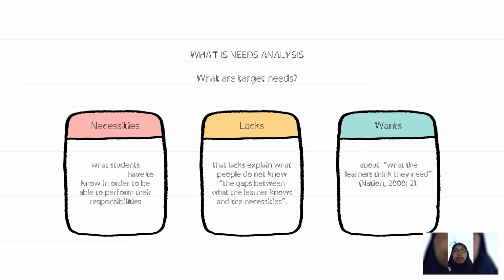There have been various approaches to needs analysis, like differentiation analysis, the sociolinguistic model, the learning-centered approach, target situation analysis or TSA, and present situation analysis or PSA. However, we will solely discuss the learning-centered approach developed by Atkinson and Waters.